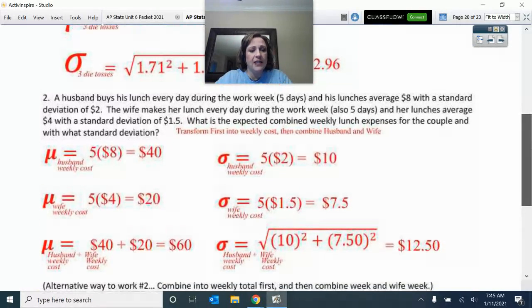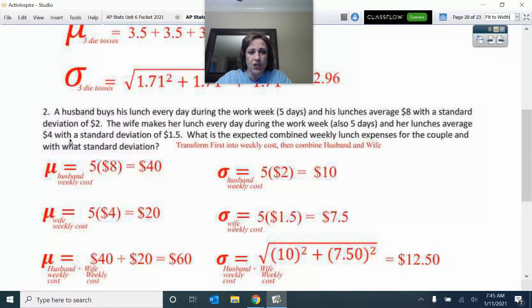Okay, so we've got this situation where we have the daily cost, and then we're transforming it into a weekly cost. So what you really should do first is transform first and then combine the husband and the wife. So I'm going to transform it into a weekly cost first for the husband and the wife, and then I'm going to combine.